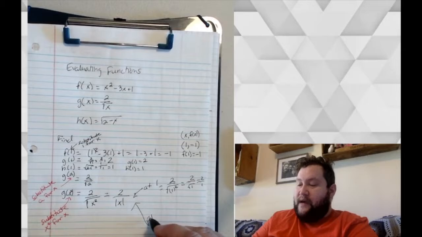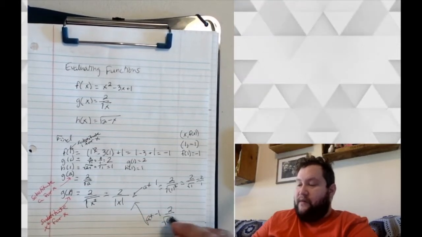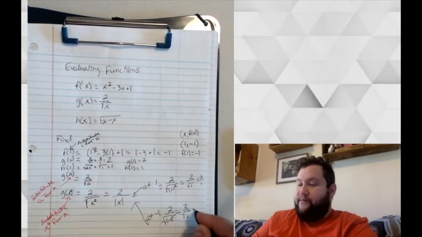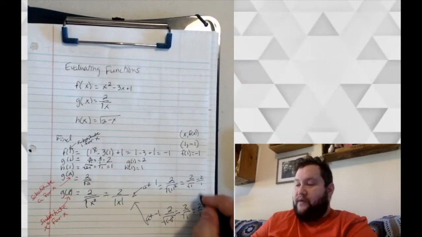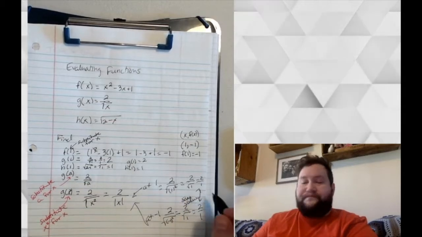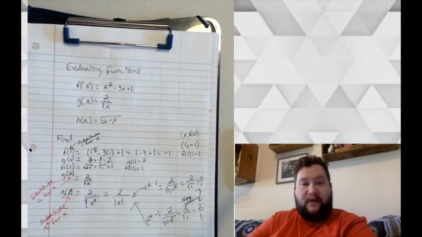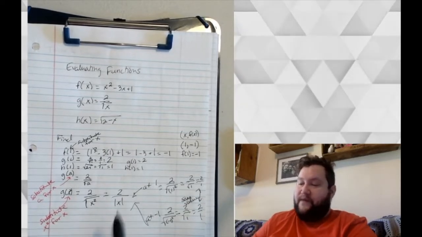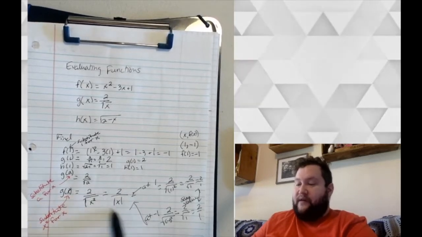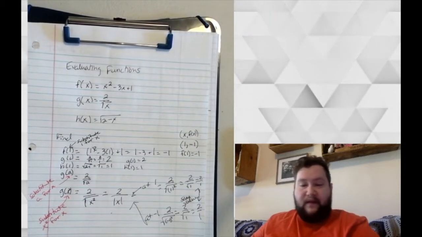But if we want to do that at negative 1, we get 2 over the square root of negative 1 squared. Negative 1 squared is 1. 2 over 1. So we get the same value. And it always makes it positive. So if we put a negative 2 in, we'll get a 2 out, and so on and so on. So the square root of x squared is the absolute value of x, and g of x squared is equivalent to this form here. Let's look at another example.